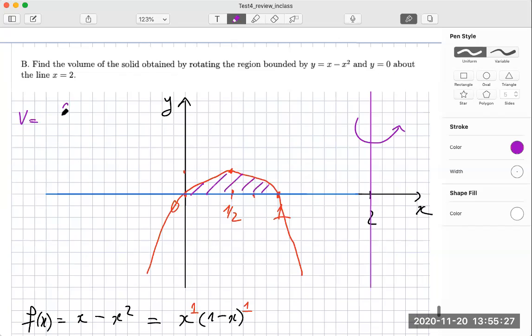It will be the integral from the lower limit, which in this case is a equal to 0, to 1. Okay. And we rotate it this way, so it will depend on the variable dx.